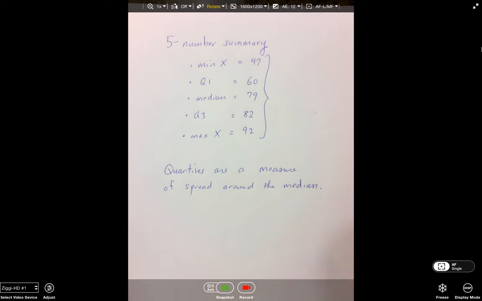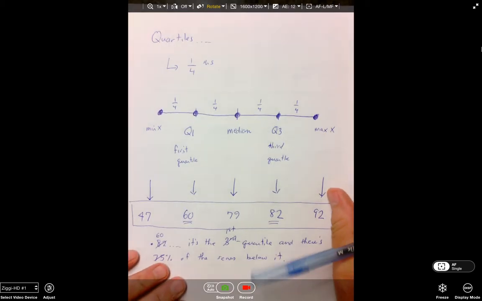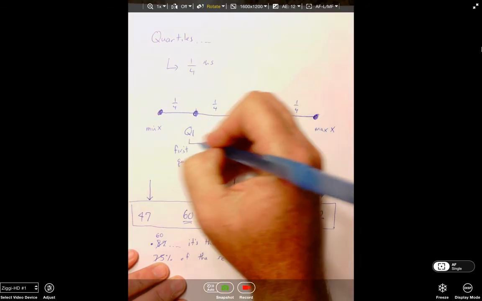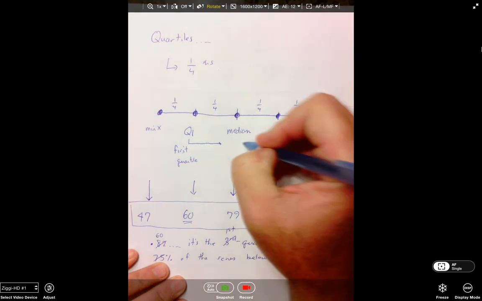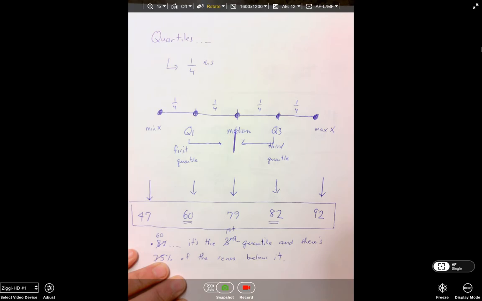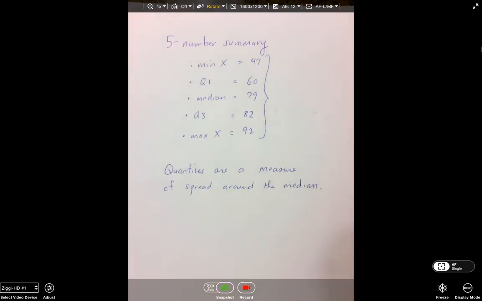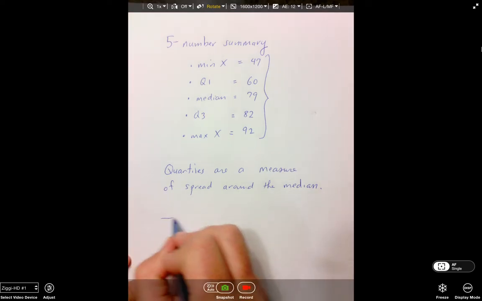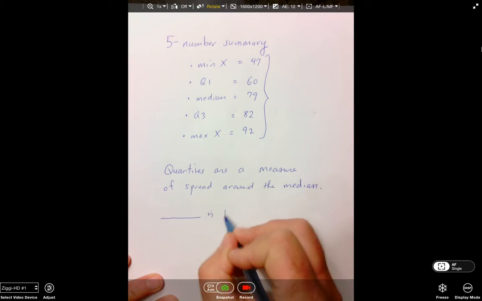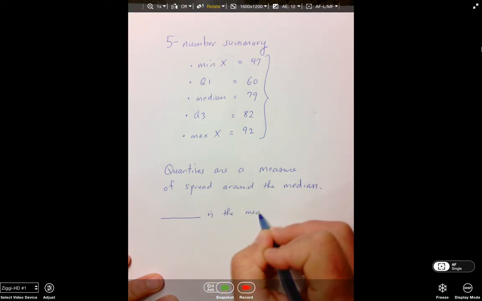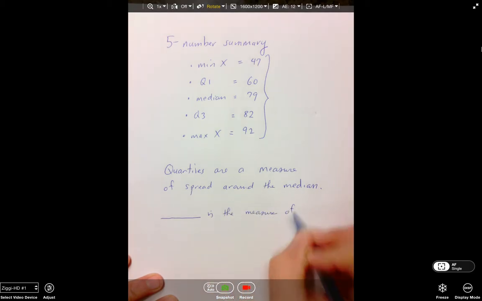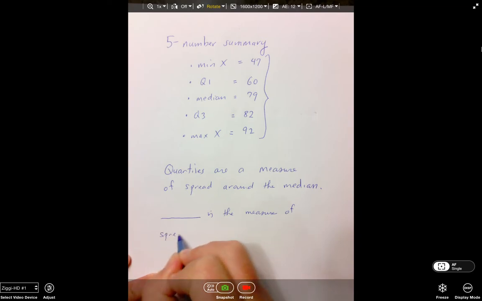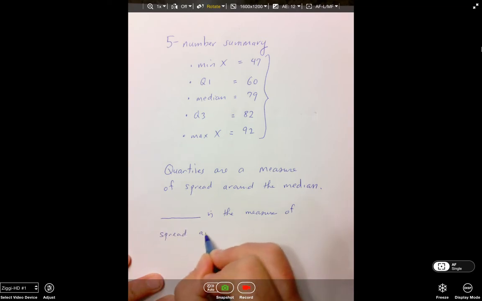Let's go back again to our picture right here. Quartiles give us a measure of spread when centered around the median. So you may be interested, I hope you are, in what is the measure of spread around the mean.